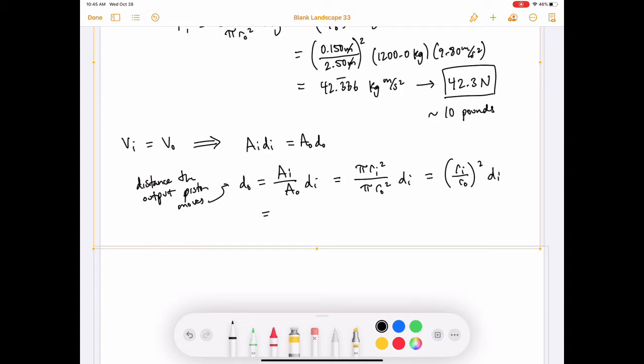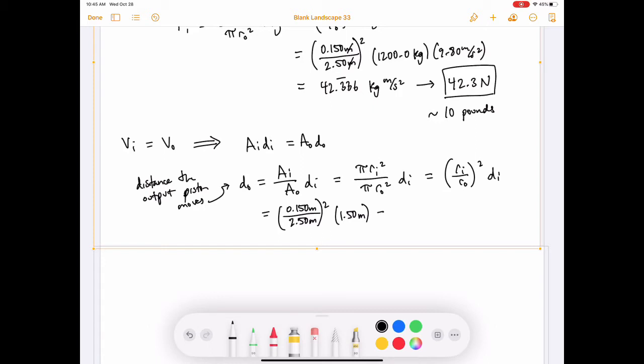Okay, so let's make the calculation. Again, we have Ri, which is 15 centimeters or 0.15 meters, divided by Ro, which is 2.5 meters, and we square it. And then Di is 1.5 meters.